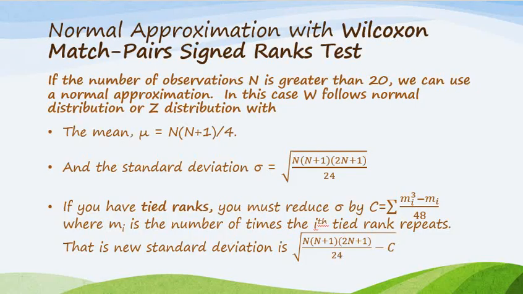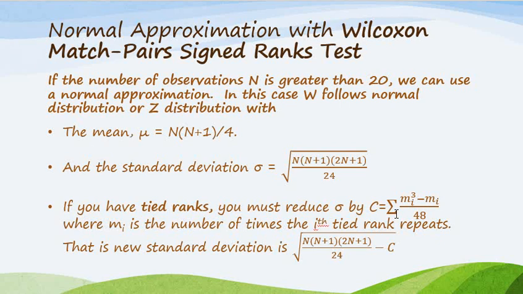In that case, for that example, C should be calculated first as (m1 cube minus m1) by 48 plus (m2 cube minus m2) by 48. So m1 is taken as 2 and m2 is 3.